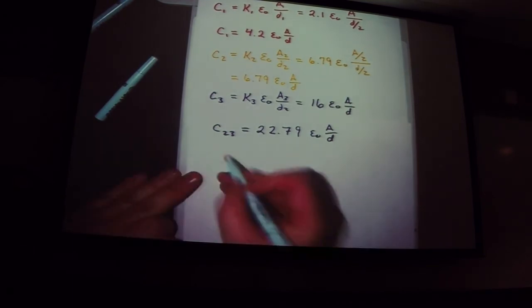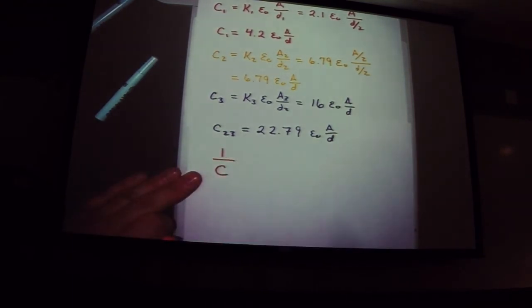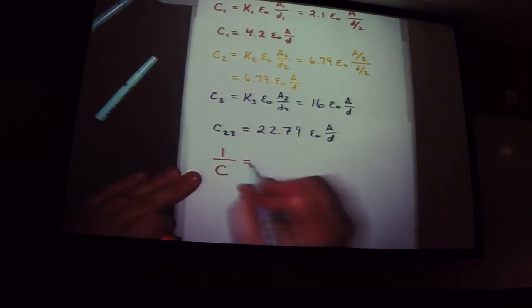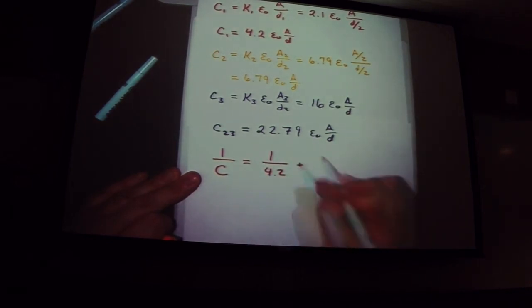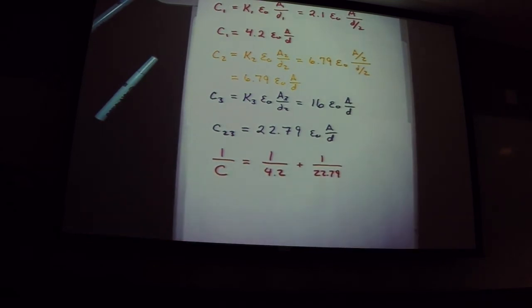So I get 1 over C total, that's what we're looking for, is equal to 1 over 4.2 plus 1 over 22.79 in units of epsilon naught A over D. Because there's an epsilon naught A over D in all the terms, it's going to be in any answer, so I just have to manipulate the numbers. Convince yourself algebraically of that at your leisure for your betterment.